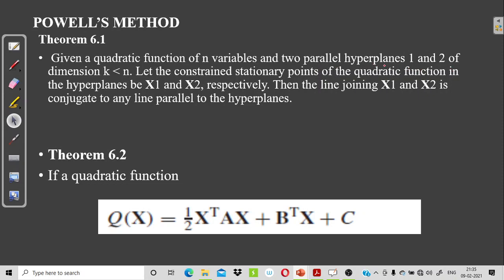So what are hyperplanes? Hyperplanes are from geometry. A hyperplane is a subspace whose dimension is 1 less than that of its ambient space. For example, let me consider the ambient space as a two-dimensional space, with x1 and x2. That is a two-dimensional space.